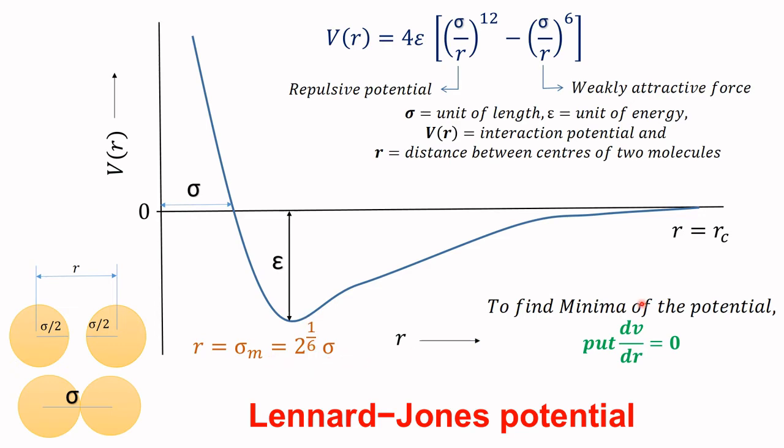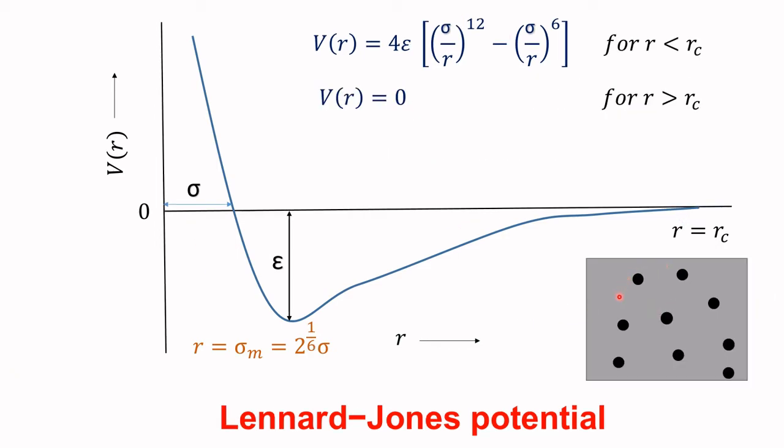Now one of the most important things is the cutoff distance, r_c, that we have to provide during our simulation. Let us consider that this is the system we are going to study, our simulation box, and these are the atoms in our simulation box.